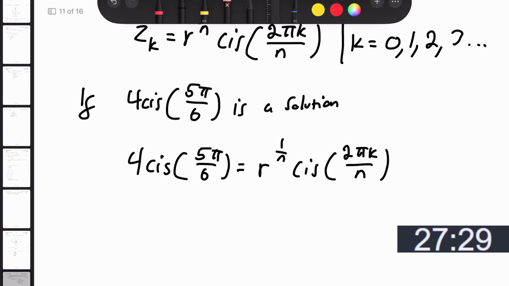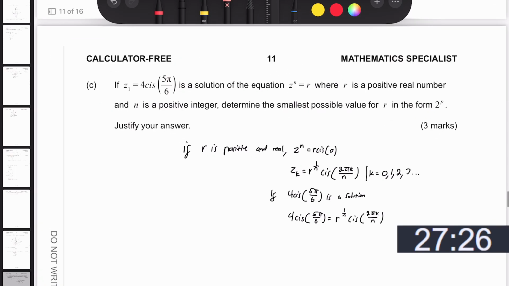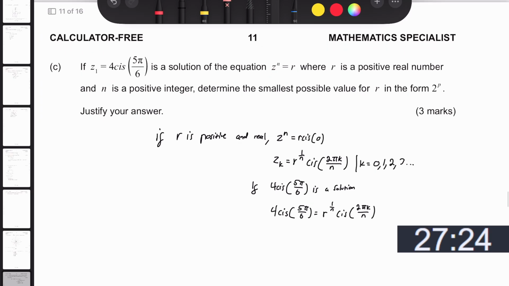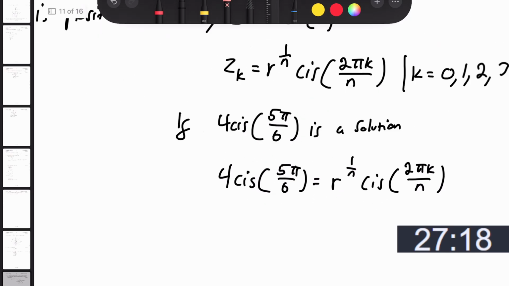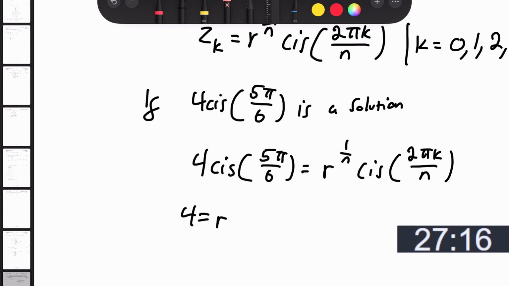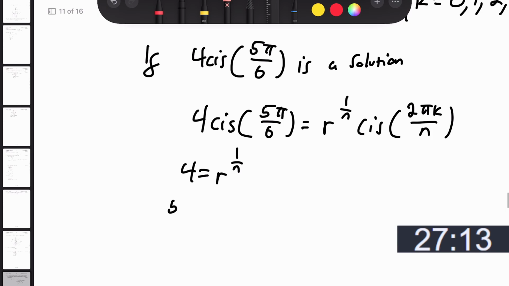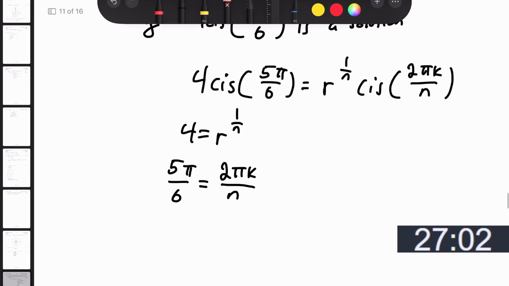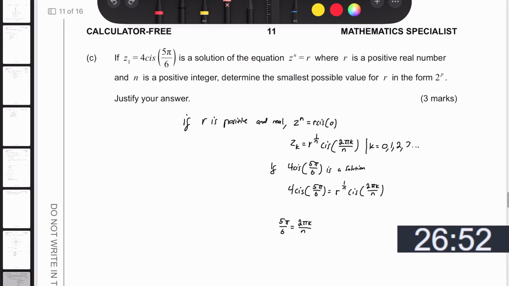Okay. And the smallest possible value for r in the form 2 to the power of p. So 4 equals r to the 1 on n, and then 5 pi on 6 must equal some 2 pi k on n. I'm not going to be able to get something good out of this. I don't think I'll go for those 3 variables. So let's just focus on this, because it has our n in it.